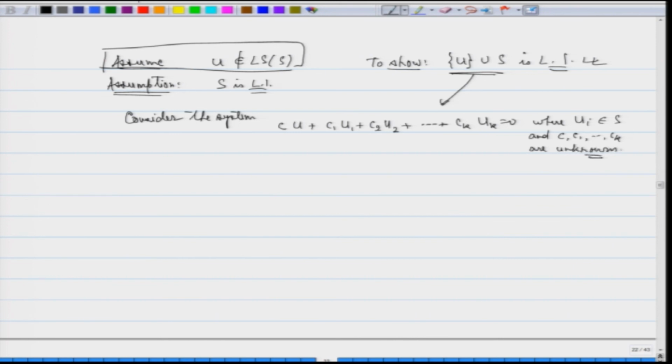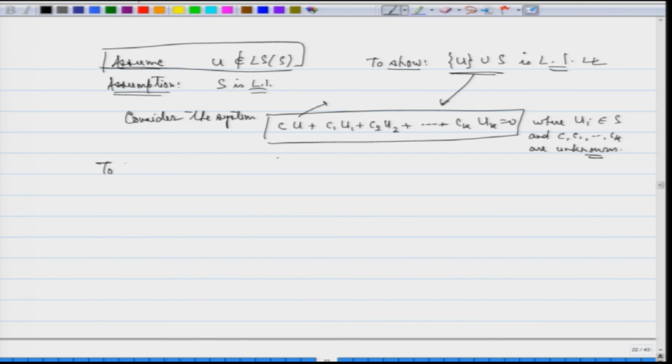So, we are trying to solve a system where U is the one I am looking at, and I have a collection of vectors U1, U2, UK from S, any collection, but a finite collection. What we are saying is that this has the unique solution, C is 0, C1 is 0, C2 is 0. I want to prove that.